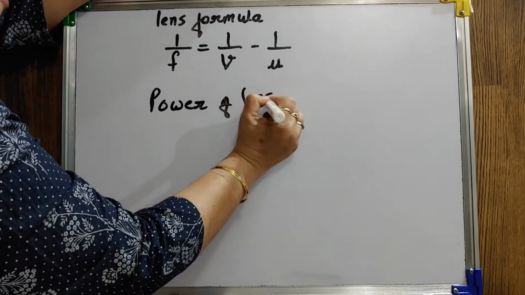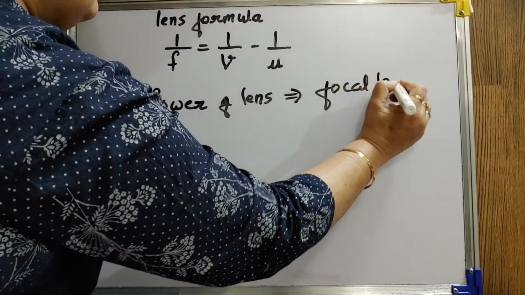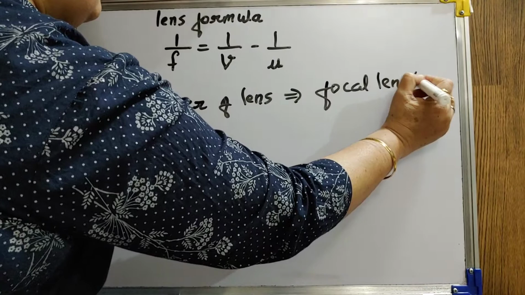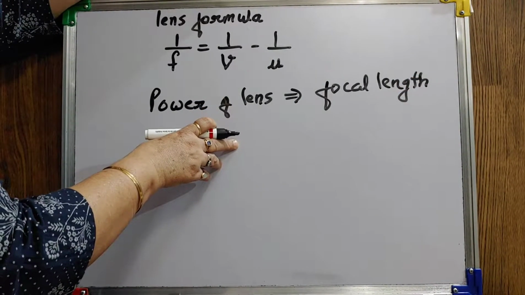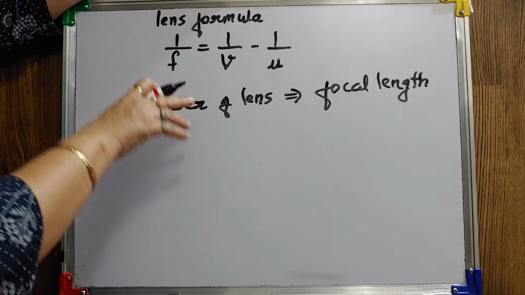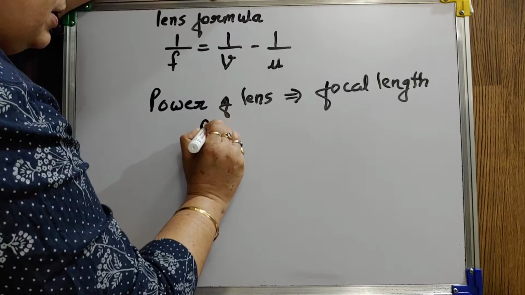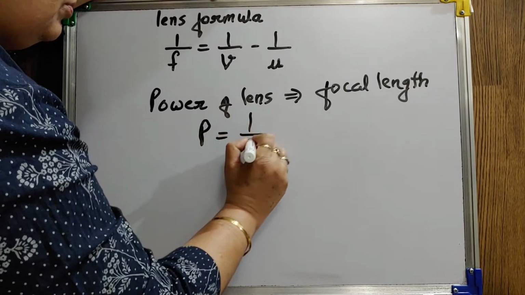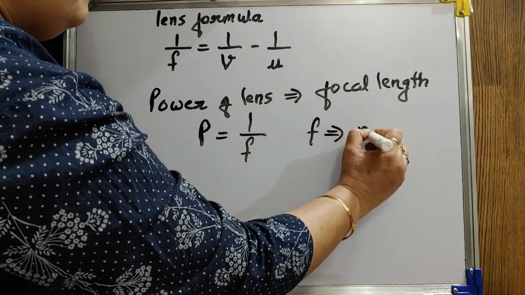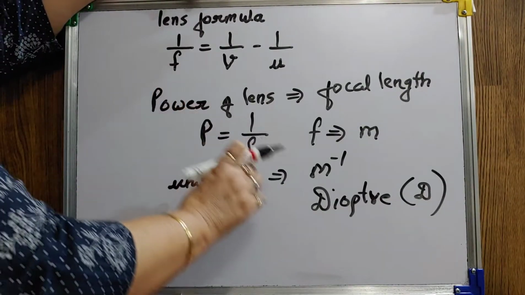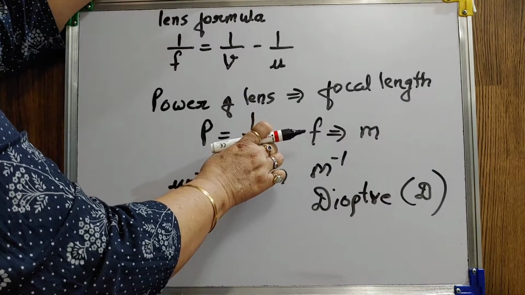Now, power of a lens depends upon the focal length. It is the deviation produced by the lens in the path of the ray refracted by the lens. So this power is the reciprocal of the focal length, provided you are taking the focal length in meters. The sign of power, positive or negative, depends upon the sign of the focal length.